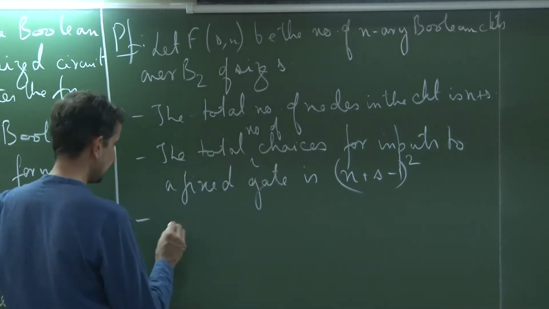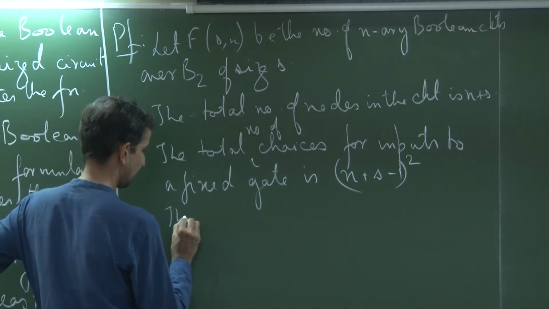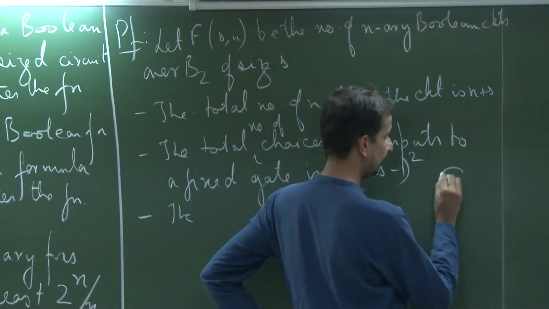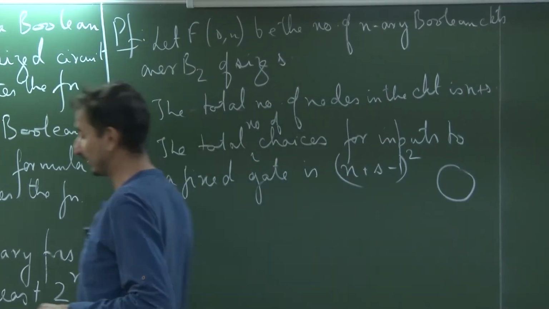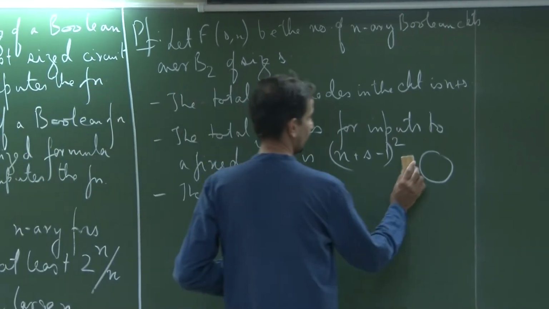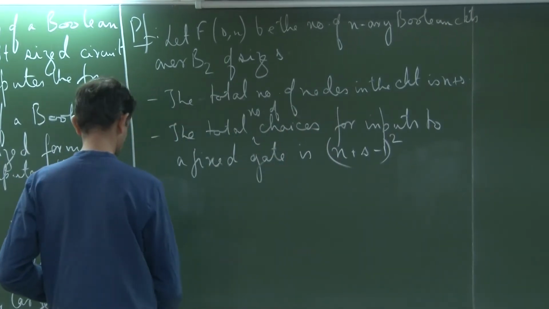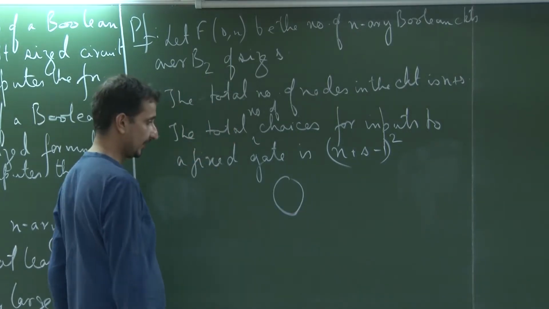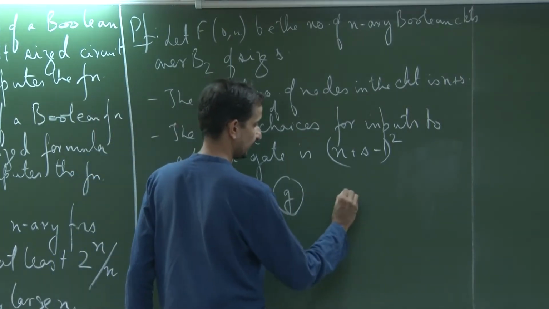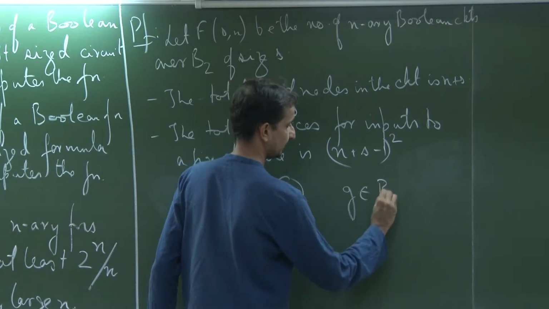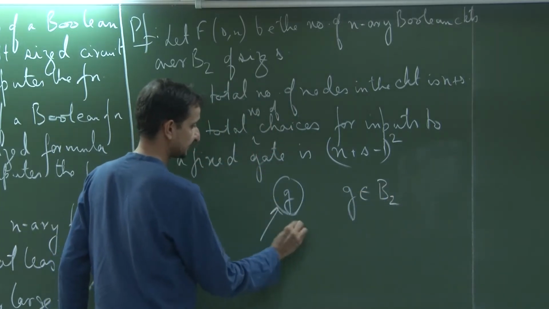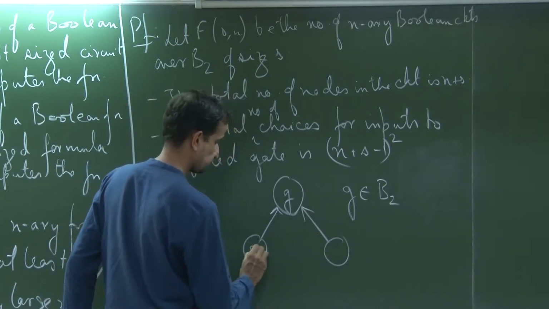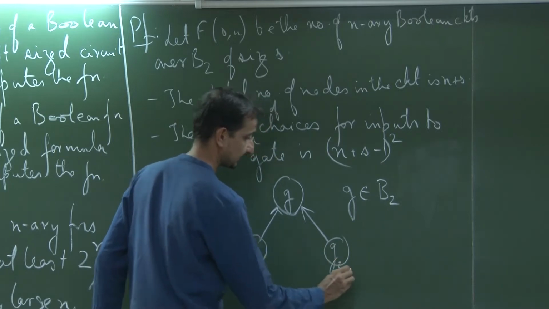Let us look at a pictorial view of this. I have some gate, let us call this G. First of all, G is an element of B2, and G takes input from two other gates, G1 and some G2.